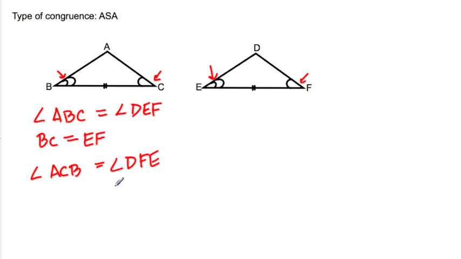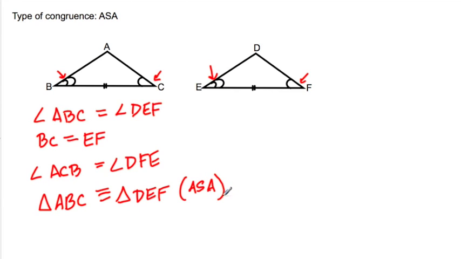So that means triangle ABC is congruent with triangle DEF, and that is due to angle-side-angle congruence. It passes the angle-side-angle test.